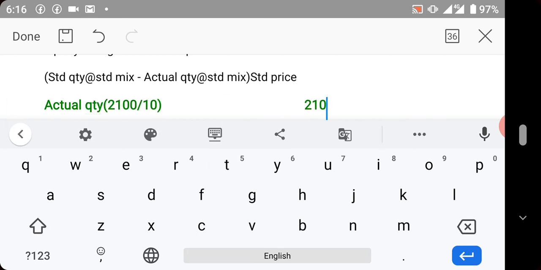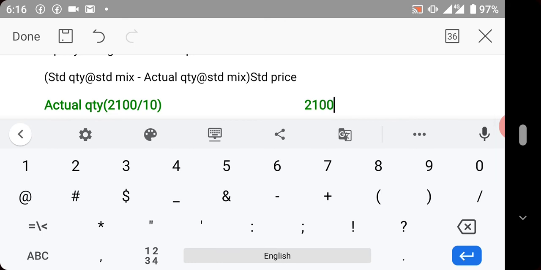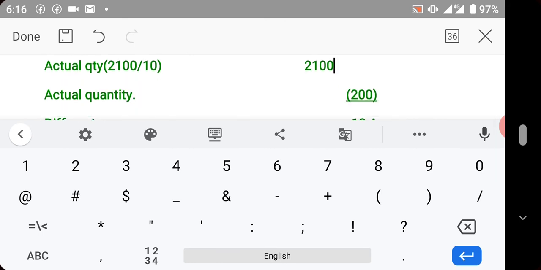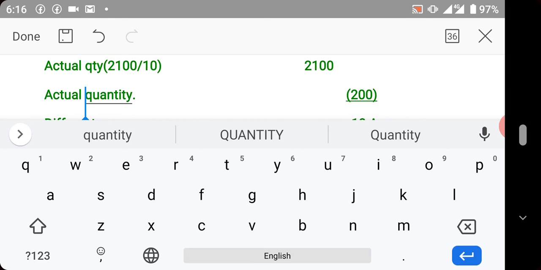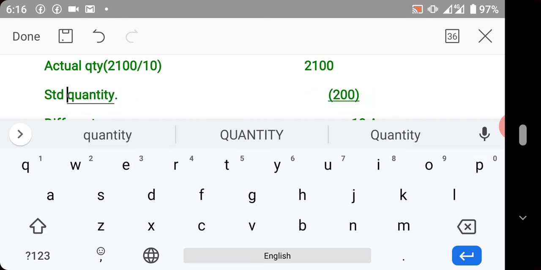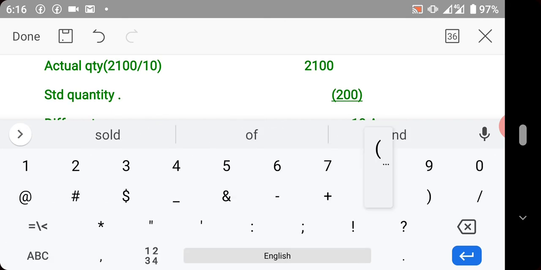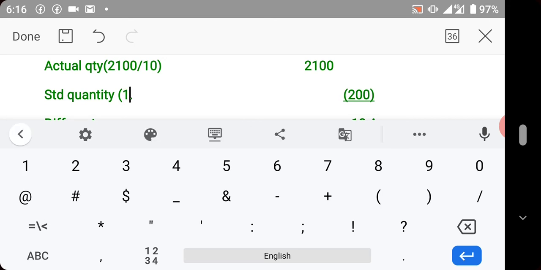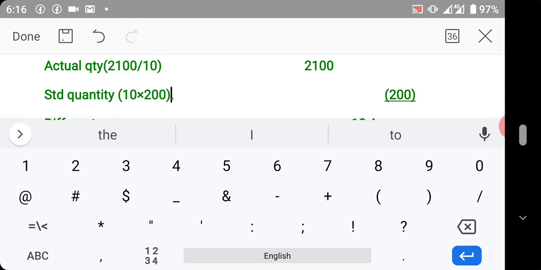Actual quantity used for material is 2,100, while standard quantity, to make it easy, will be bracket open, that will be 10 units multiplied by the actual units. 10 is the standard mix multiplied by the actual units produced.